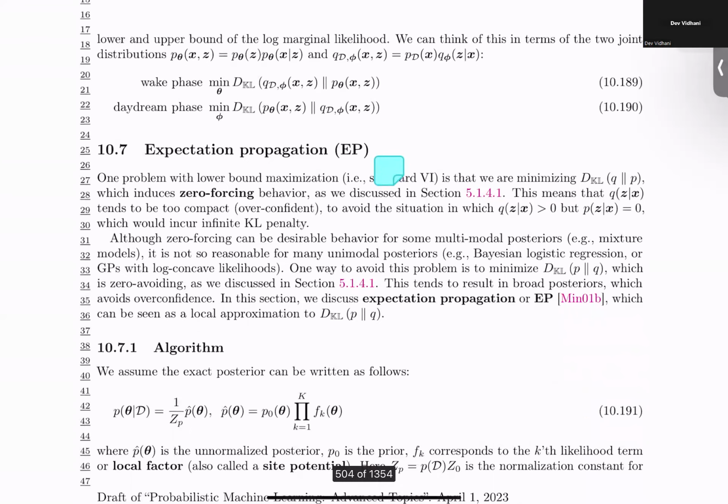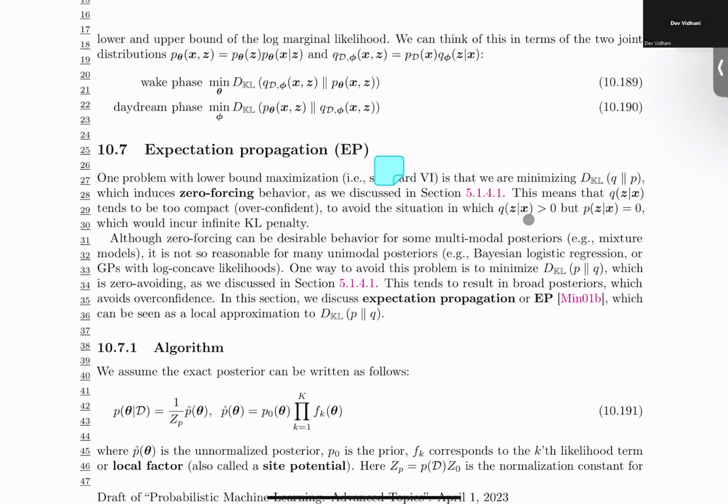And then this is the interesting one, 10.7. So we generally try to do the reverse KL optimization. What 10.7 is trying to do is the forward KL, P to Q optimization. The reverse KL, which is Q to P, will avoid the situations where P(z) is 0, and it will capture one of the modes and just stick with that.